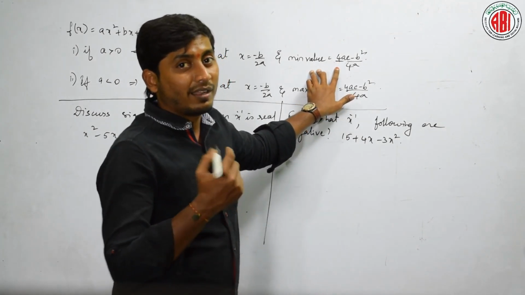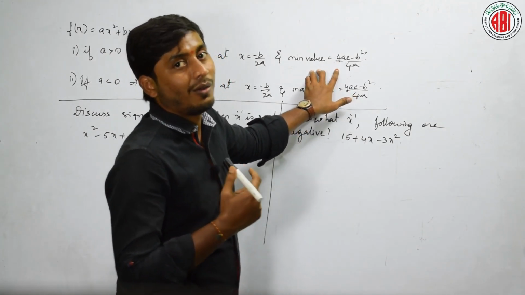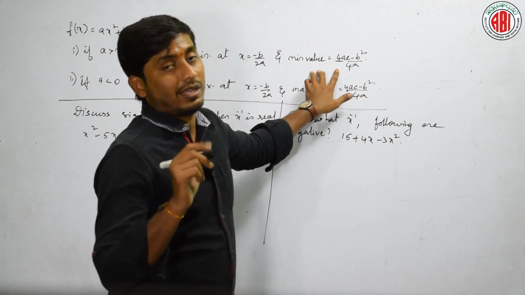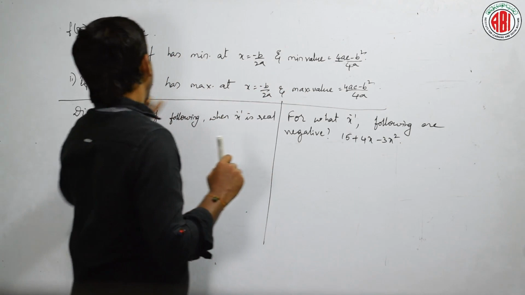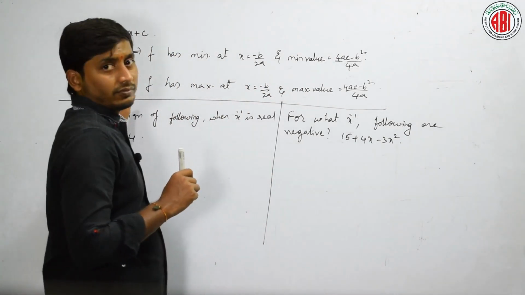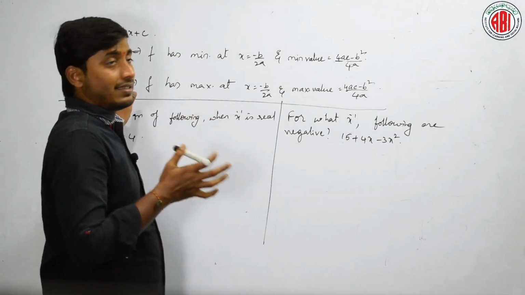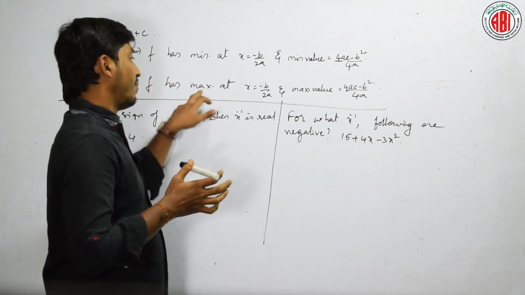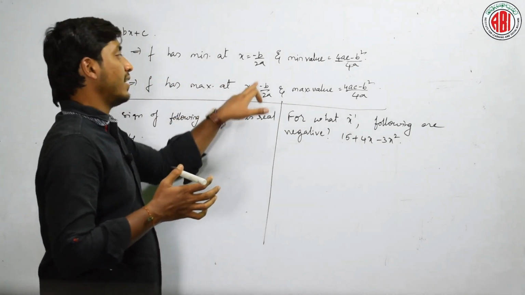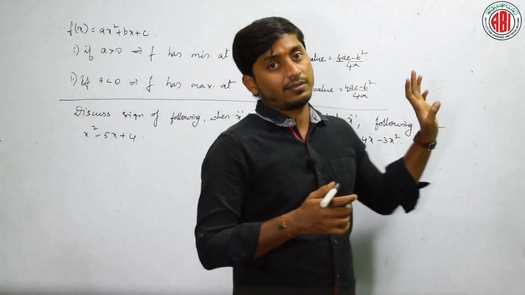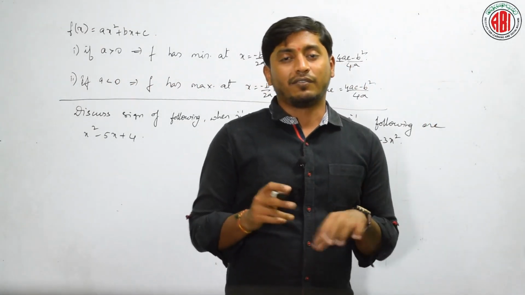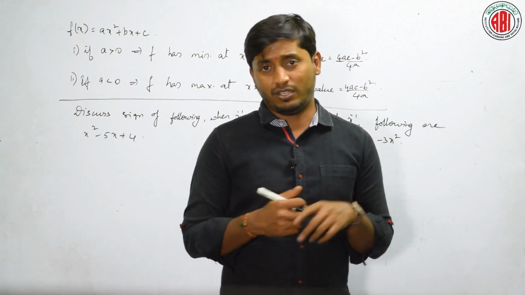If you remember, this is how we used to do it in our applications of derivatives, maximum and minimum. Similarly, if a is less than 0, the coefficient of x square is less than 0, then f will have a maximum value at x equal to minus b by 2a, and the maximum value is this. Clear? Fine. With all these basic things, let us start doing the problems.